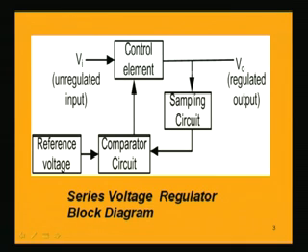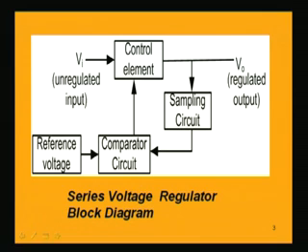Now, there is a circuit which feeds back this regulated output, that is we are feeding the output voltage through a sampling circuit to a comparator. This circuit is basically made of different resistances, and this sampling circuit feeds back a portion of the output voltage into a comparator.